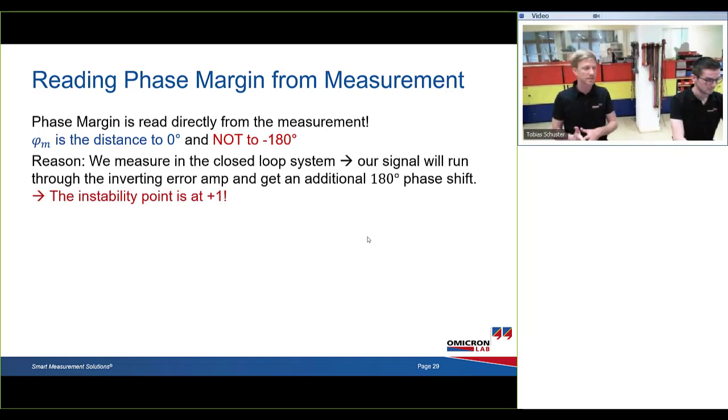And the reason is that the system that we are measuring is running closed loop, and we inject a disturbance signal into the closed loop system and measure the loop gain in that system. And the signal that we inject runs through the inverting error amplifier, and it gets a 180 degree phase shift. And that's the reason why the instability point in the measurements is at +1 and not at -1.